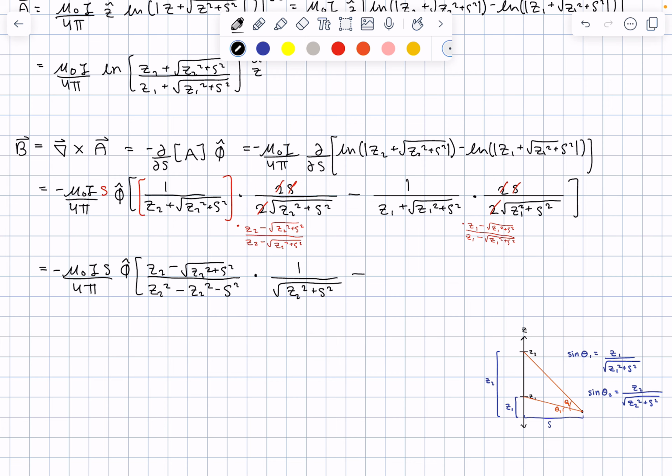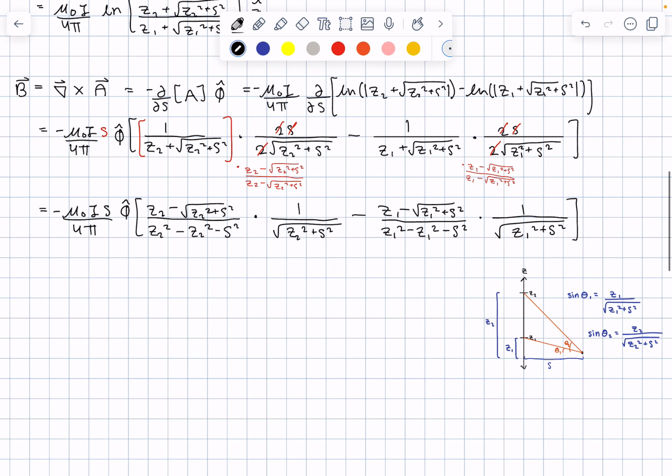And then we'll do the same for the second term. So now we'll have z1 minus the square root of z1 squared plus s squared over z1 squared minus z1 squared minus s squared multiplied by 1 over the square root of z1 squared plus s squared.